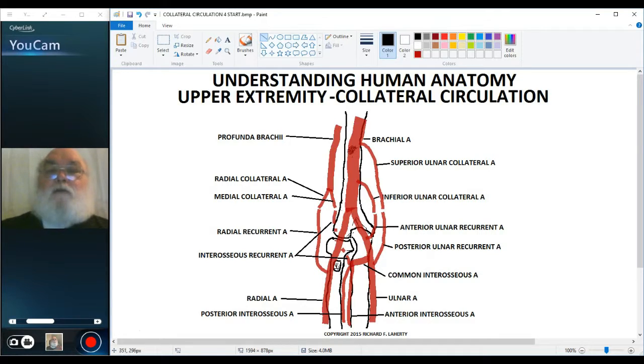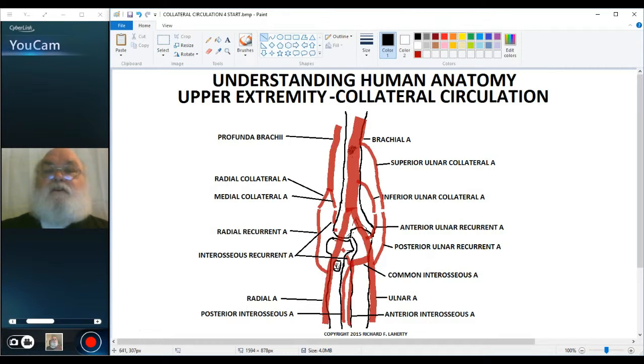So there are four collateral routes around the elbow. Radial collateral with radial recurrent, medial collateral with interosseous recurrent, superior collateral with posterior ulnar recurrent, inferior ulnar collateral with the anterior ulnar recurrent. So a very rich collateral circulation around the elbow.